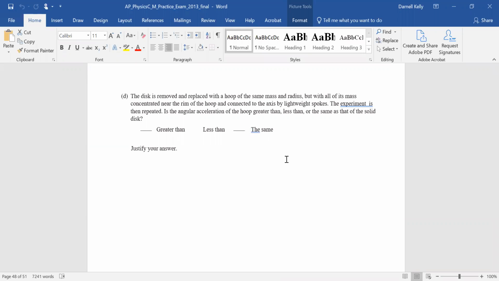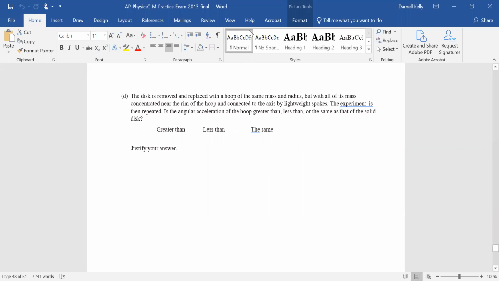The moment of inertia of the hoop is greater than that of the solid disk. Usually they'll give you the moments of inertia, but the hoop would be greater, so the angular acceleration is going to be less. That's why it's less than.